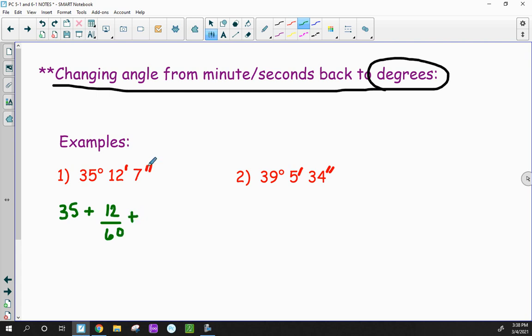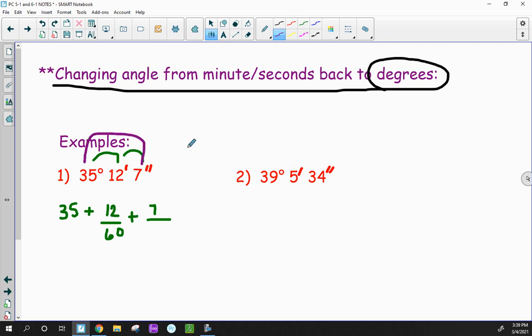You're going to take the number that's in the second position, which is 7, and you're going to divide that by, and we're going to be really careful here because we're trying to convert back to only degrees. There's 60 minutes in 1 degree. There's 60 seconds in 1 minute, but the question now is, how many seconds are in a minute?